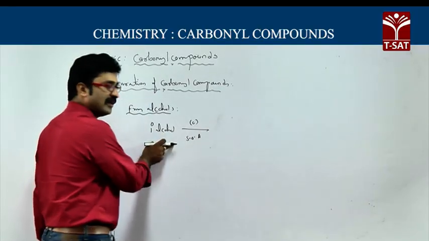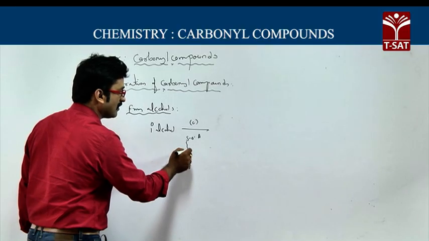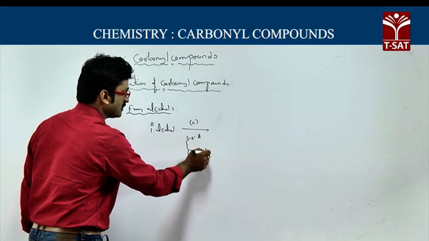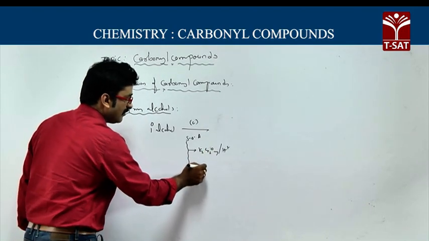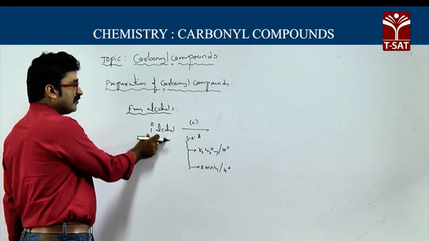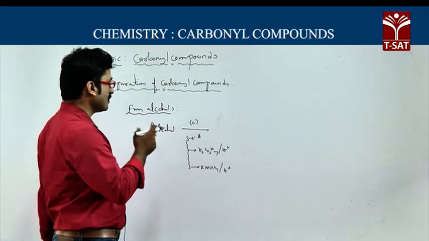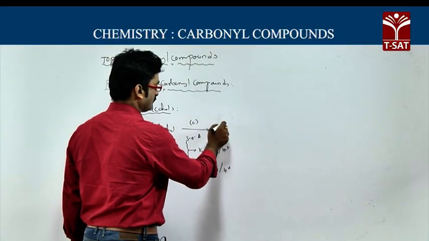The strong oxidizing agents are K2Cr2O7 H+ H2SO4, KMnO4 H+. So primary alcohols on oxidation in the presence of a strong oxidizing agent give aldehydes.